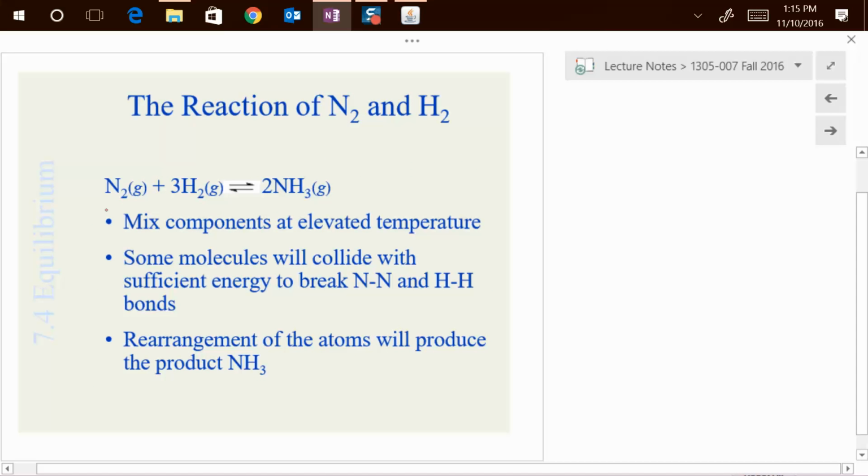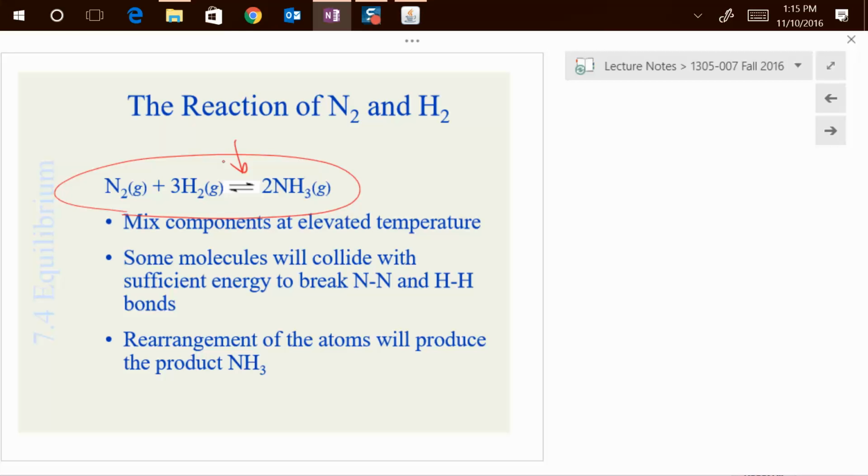So here we have nitrogen plus hydrogen produces ammonia. They're saying this is a reversible equilibrium reaction. So we have to collide the molecules together like we saw in that simulator earlier. They're going to collide. These bonds will break. And then as the bonds break, we will reform the bonds to form ammonia.